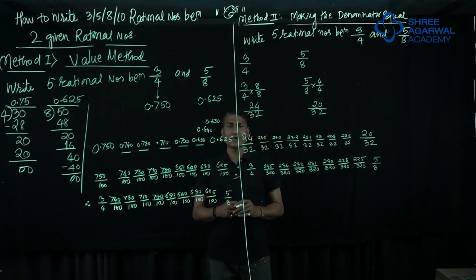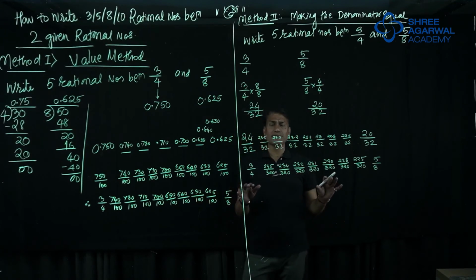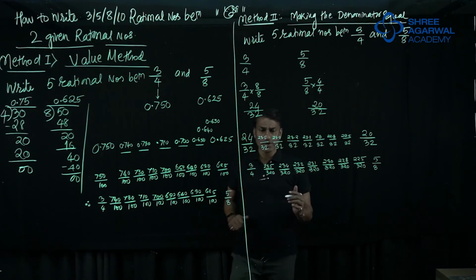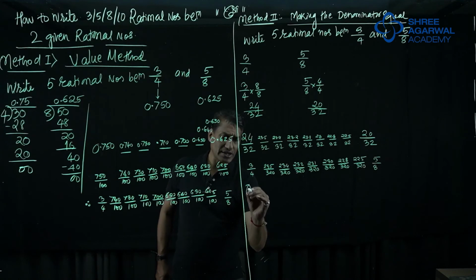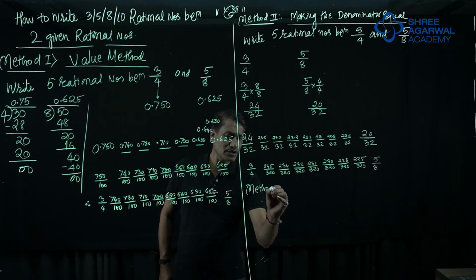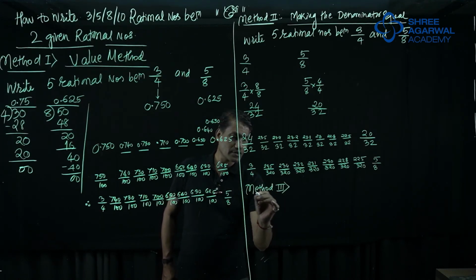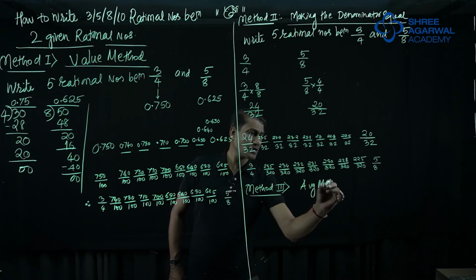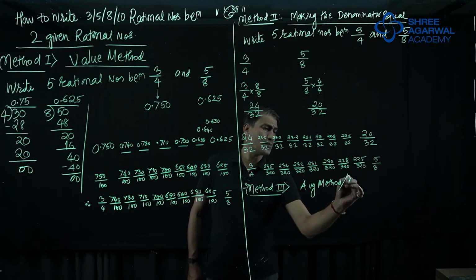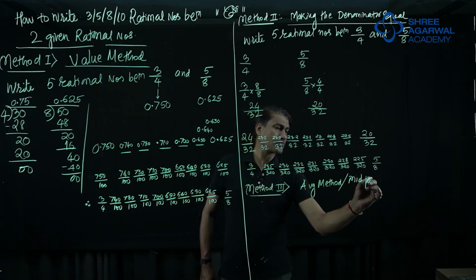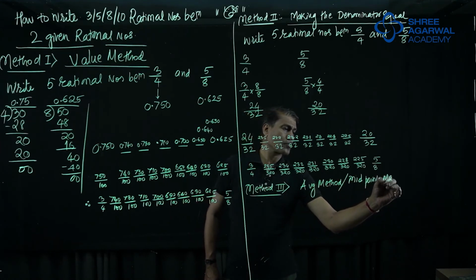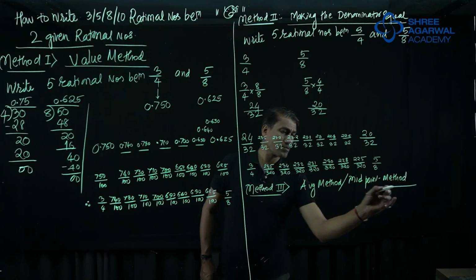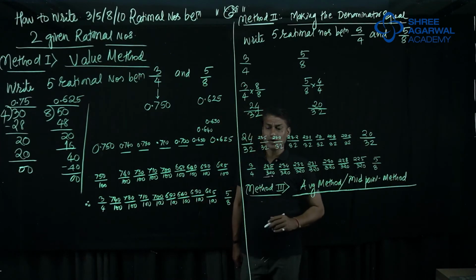Of course, there is one more method. I will just mention the name and show one step. So method number 3 is the average method or midpoint method.